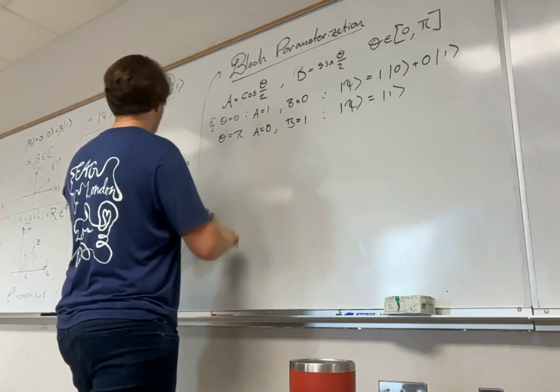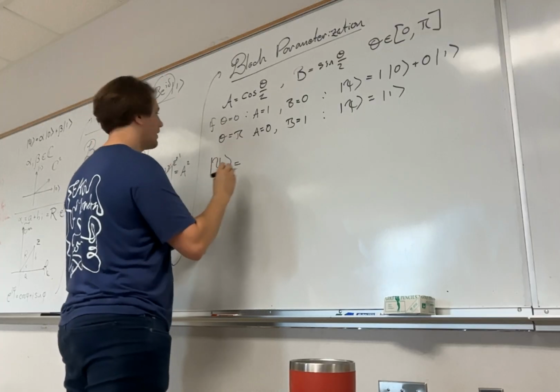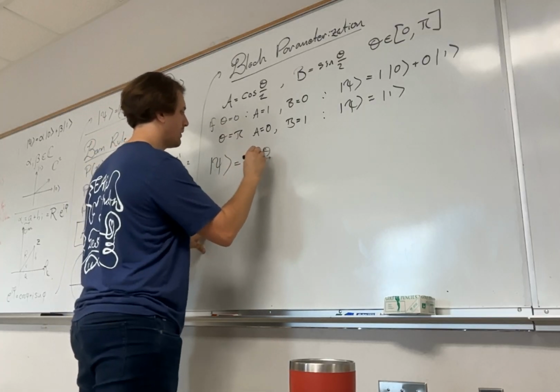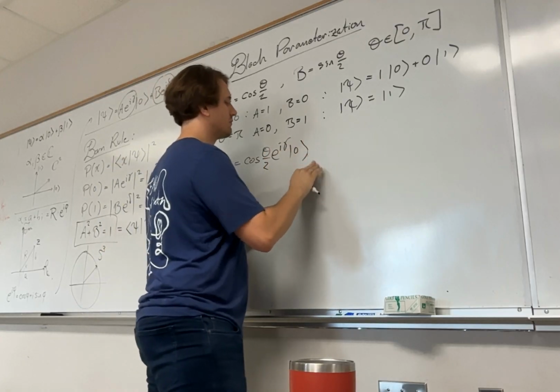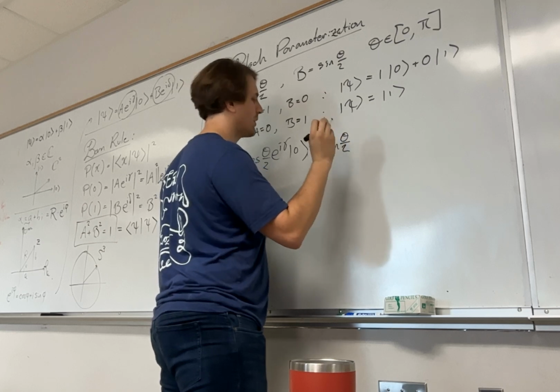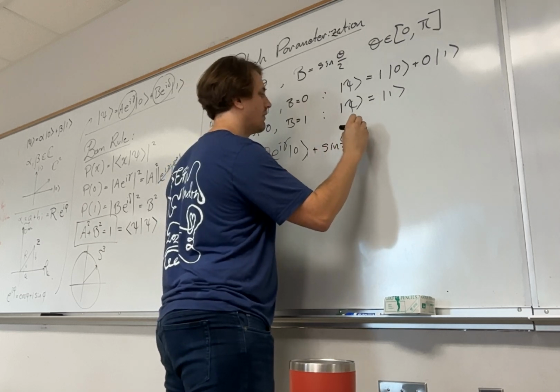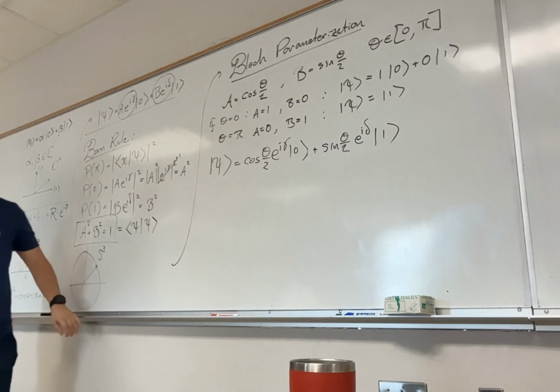So let's write our qubit again in all its glory. Cosine of theta over 2 e to the I gamma times the 0 state, plus sine of theta over 2, e to the I delta times the 1 state. So this is our parameterized qubit.